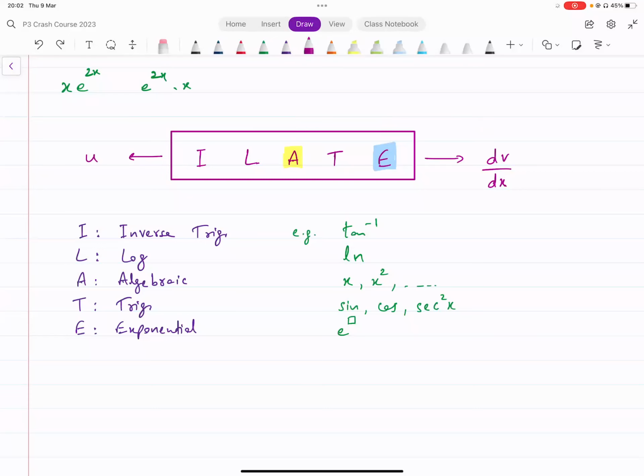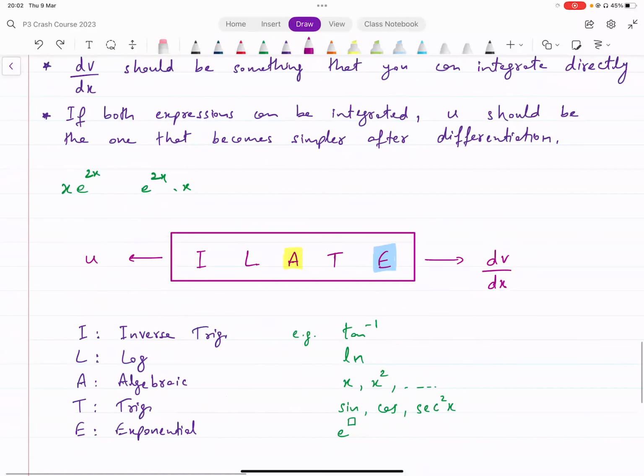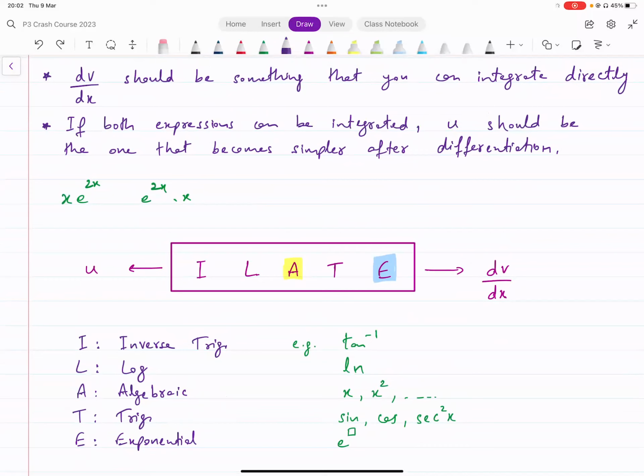That's how you decide. And it uses the same logic that we wrote above, because we can't integrate inverse trigonometric functions like tan inverse directly. Since we can't integrate this directly, it has to be u. It can't be dv over dx, right?